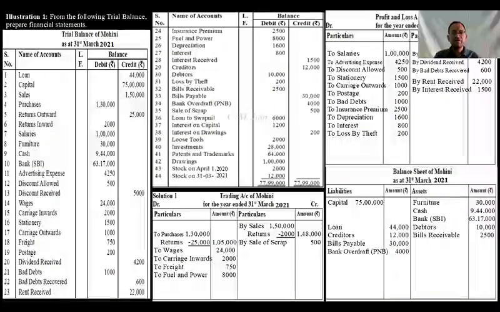Then next we are given loan to Swapnil. To means we have given loan to Swapnil. So we have to get this amount back after some time. So this is our asset. So in balance sheet asset side, loan to Swapnil 6,000.